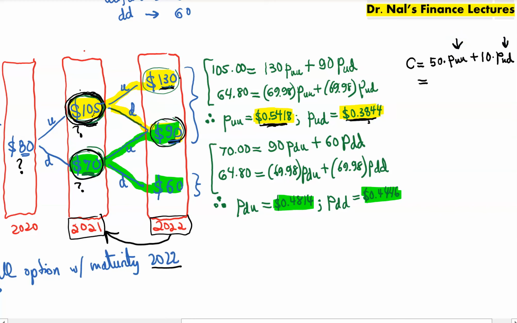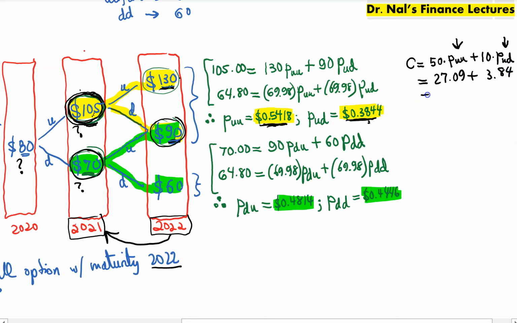So I have a calculator in front of me. Let me just do it right away. So it is 50 times 0.5418 equals, I got 27.09 for the first one. Let me do it in 2 steps. 27.09 plus the second one is, well, 10 times this number, which is 3.84, I guess.